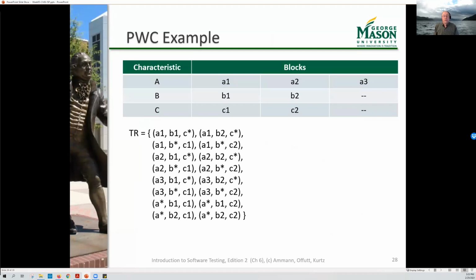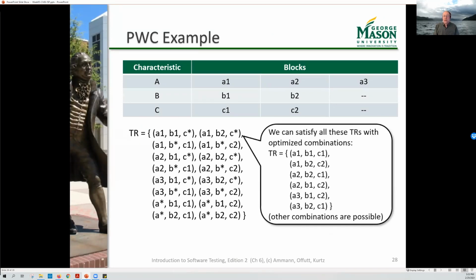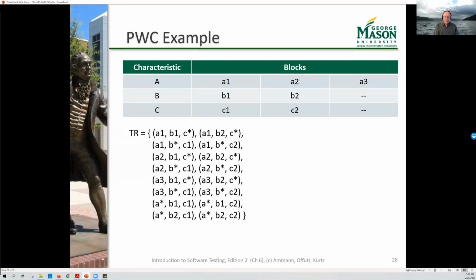Same input domain model. Now what I'm saying here is, I have to have A1 with B1. And I have to have A1 with B2. And I have to have A1 with C1. And I have to have A1 with C2. And I have to have A2 with B1 and with B2 and with C1 and with C2, right?